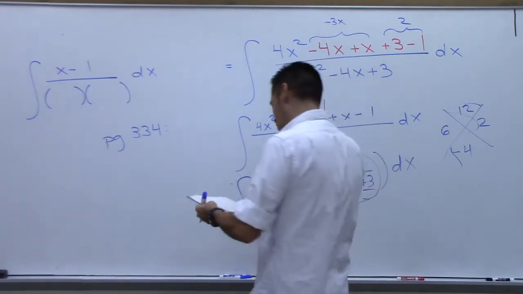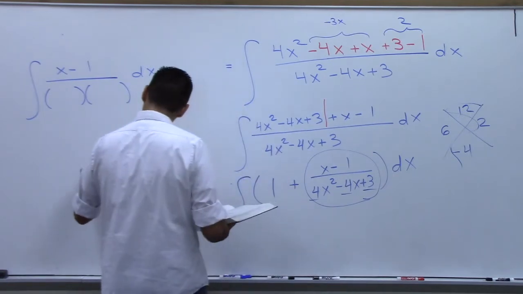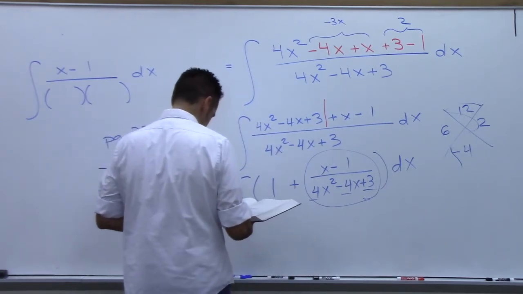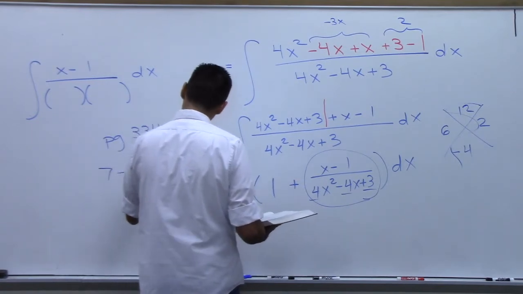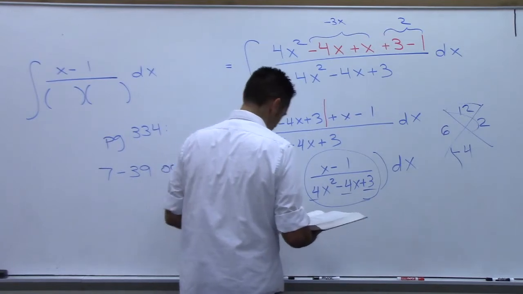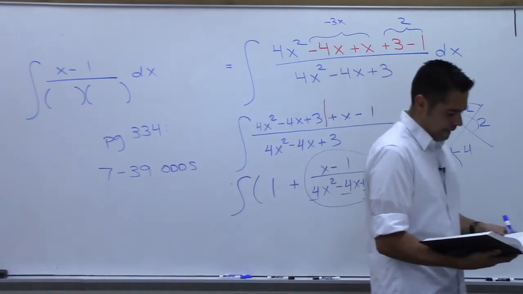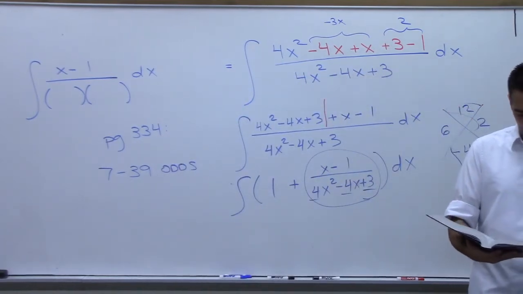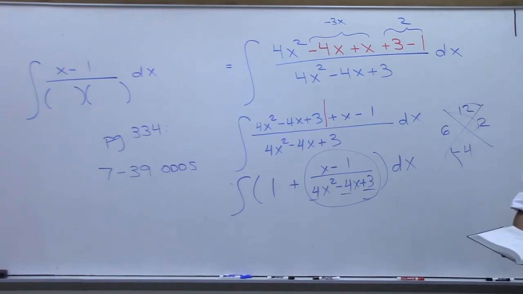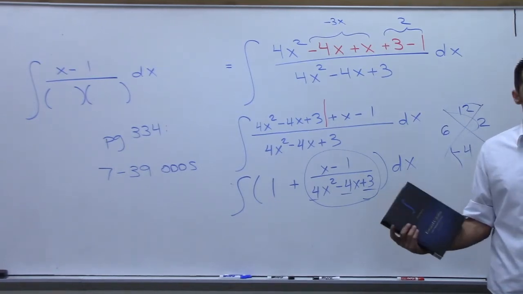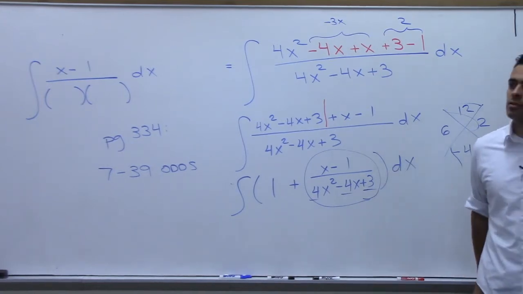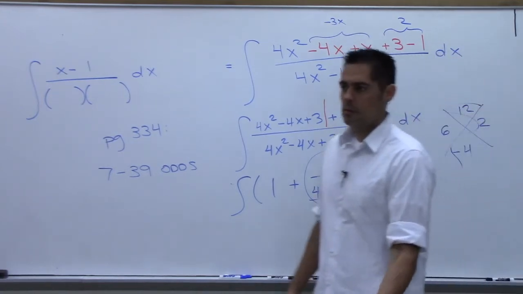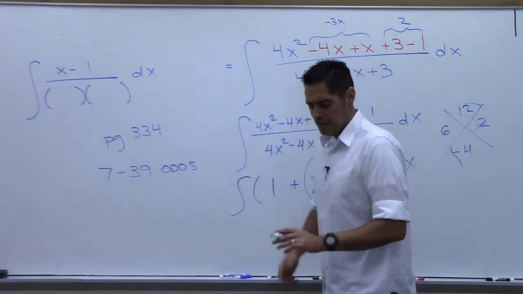Do 7 through at least 39 odds. I'm pretty sure that's what I did on the video. And it's 3.5 hours? Yeah.